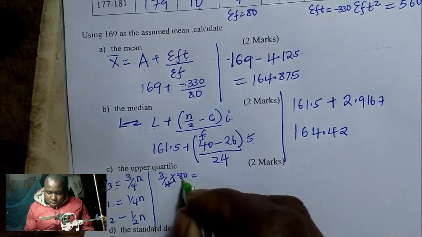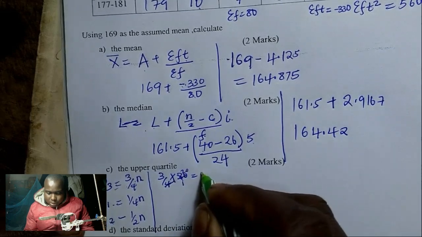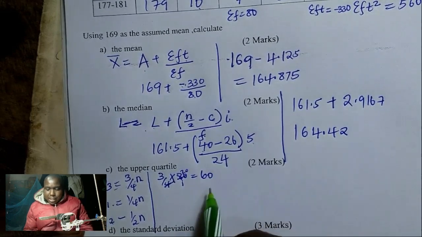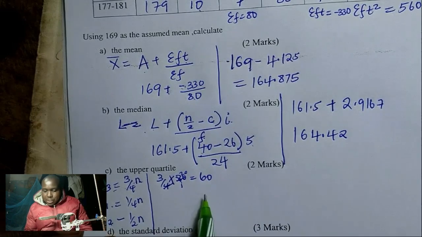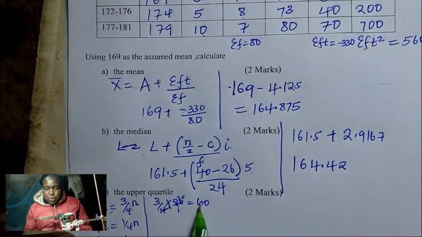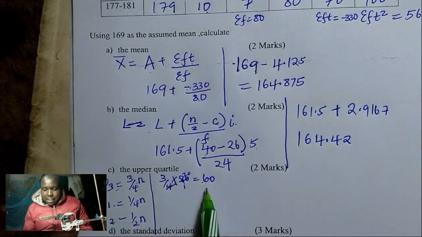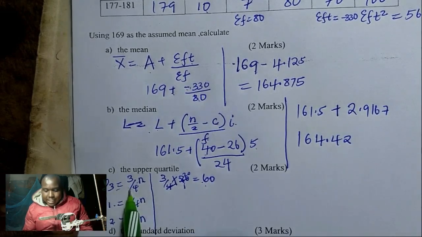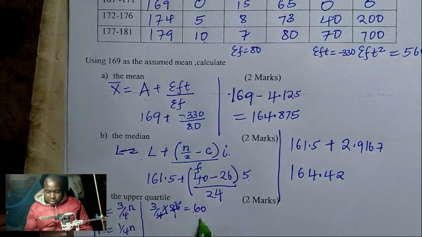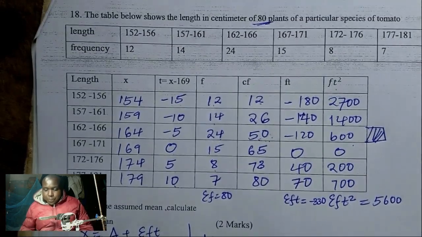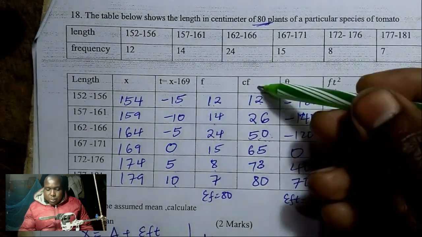So this goes here once, here twice, 20. So it is going to be 60. The class where the cumulative frequency is 60 will give us the upper quantile class. We look at 60. Where do we have 60 in the cumulative frequency?